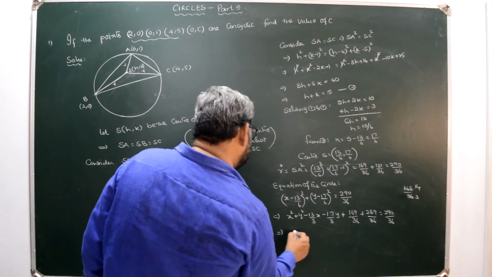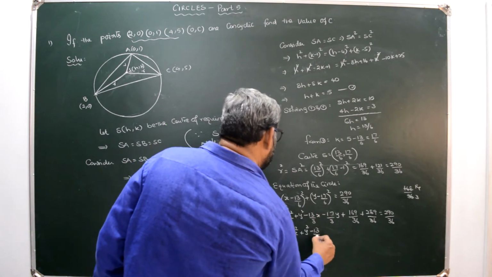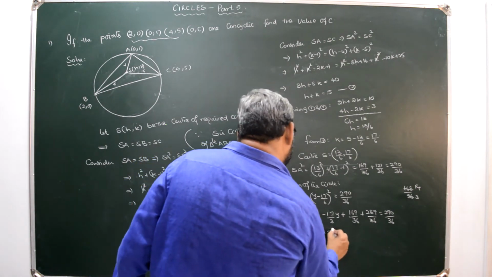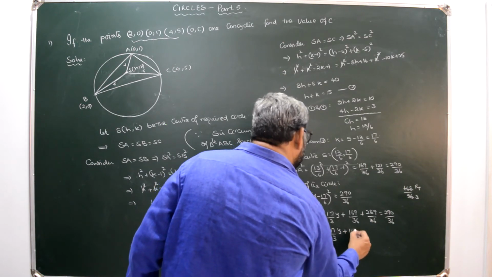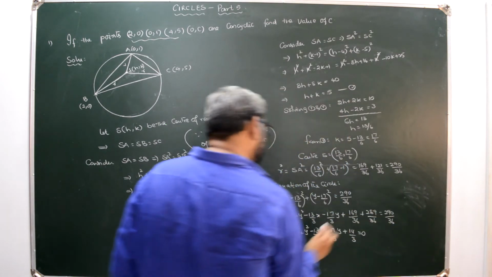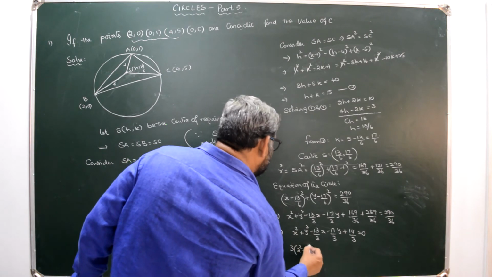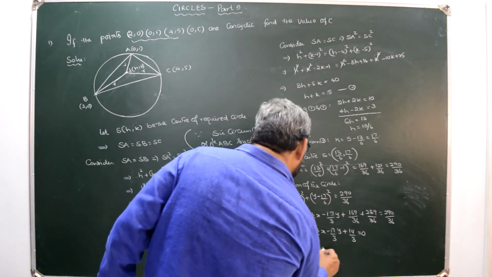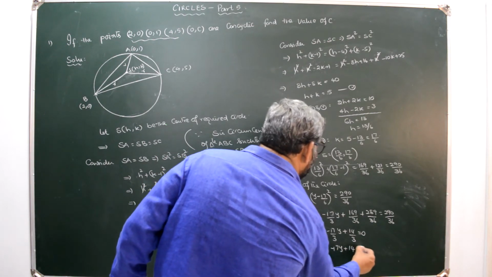So this is x square plus y square minus 13 by 3 into x minus 17 by 3 into y plus 14 by 3 is equal to 0. Now the equation can be written as 3 into x square plus y square minus 13x minus 17y plus 14 equal to 0.